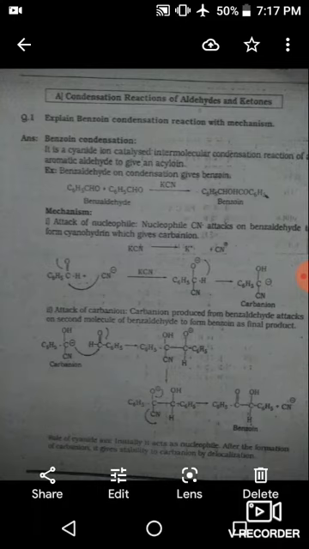The first step is cyanide attack on the carbonyl group of the first mole of aldehyde, forming an alkoxide ion. Whenever this alkoxide ion forms, the cyanide acts as an electron withdrawing group, with transfer of this hydrogen towards this oxygen, forming a carbanion.